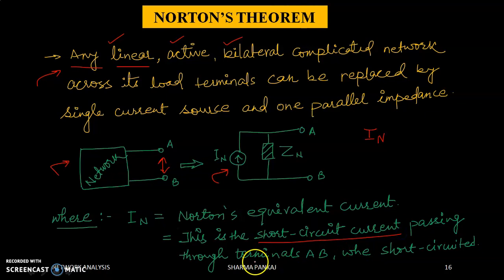In Thevenin's theorem, we were opening the terminals and searching for the open circuit voltage. That was the Thevenin voltage. Here we are short circuiting the terminals and finding the short circuit current, which is passing through terminals AB when short circuited.